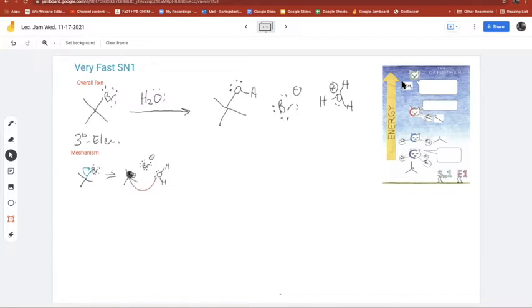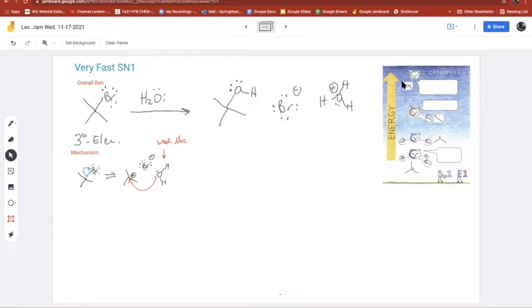It can come in from our side to be wedged or the other side to be dashed, but it doesn't matter for this molecule because it doesn't have stereochemistry. Water would not be good for SN2. You need a strong nucleophile for SN2 because it has to kick that leaving group out.